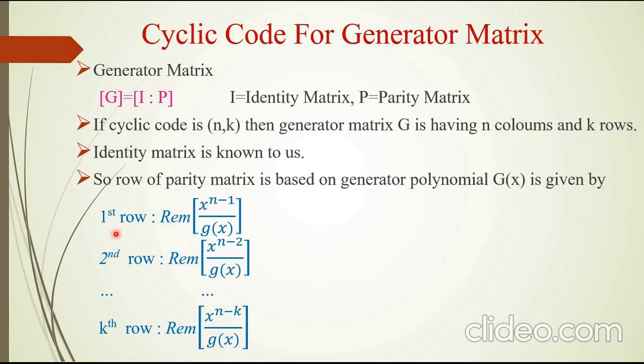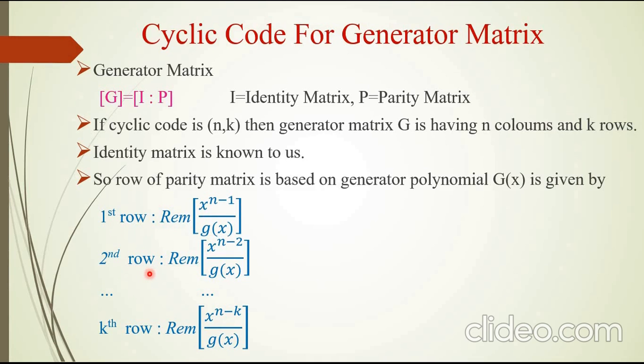So the first row is the remainder of x to the power n minus 1 divided by g(x).